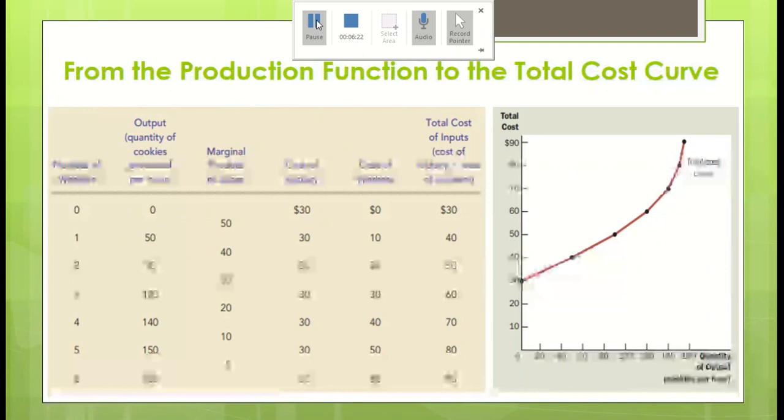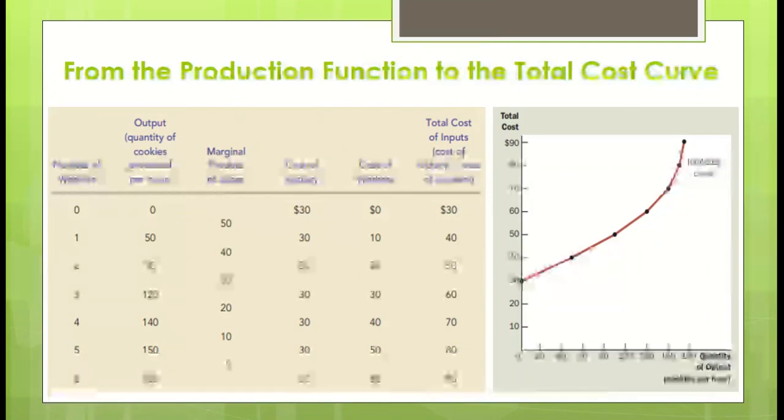So here the change in Q, that is the change in quantity output, is 50 minus 0 equals 50, and the change in labor, that is 1 minus 0, again equals 1. So 50 divided by 1 is 50. So MPL, that is marginal product of labor, here is 50.